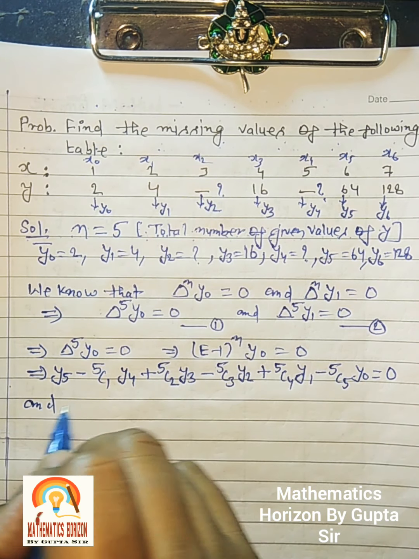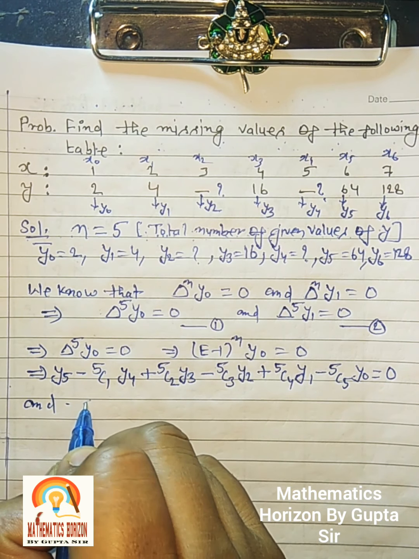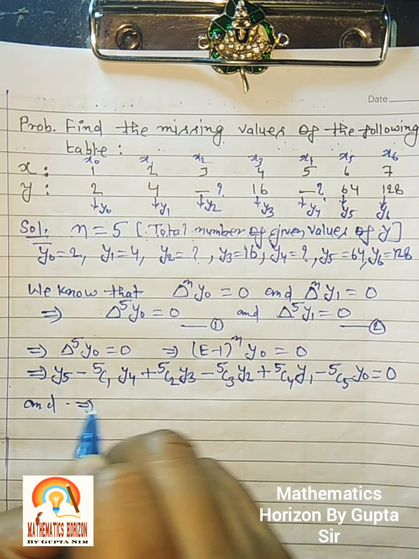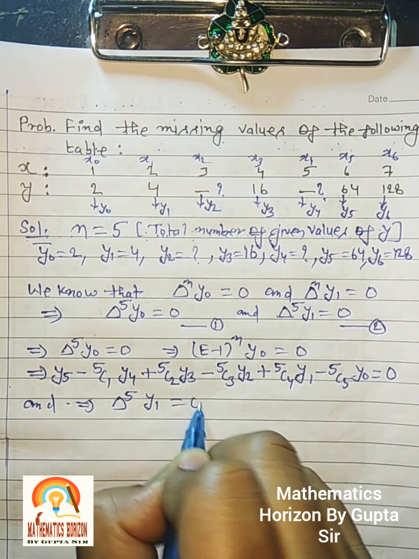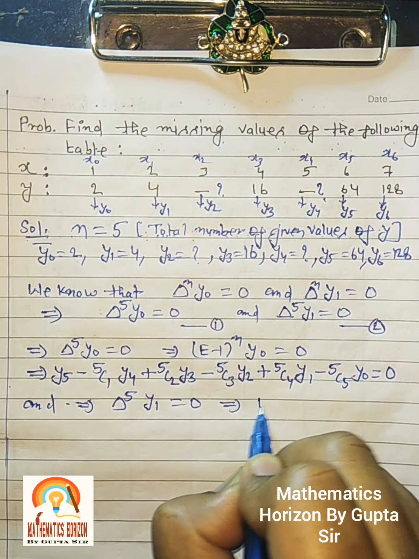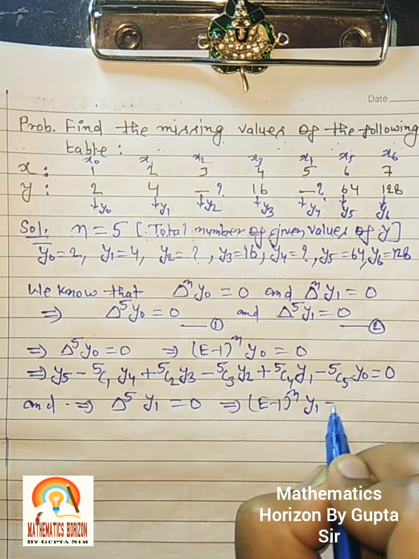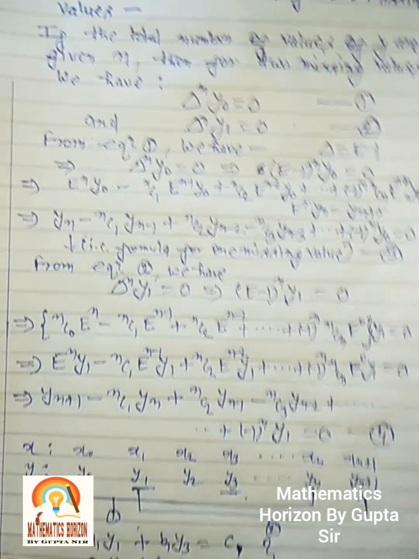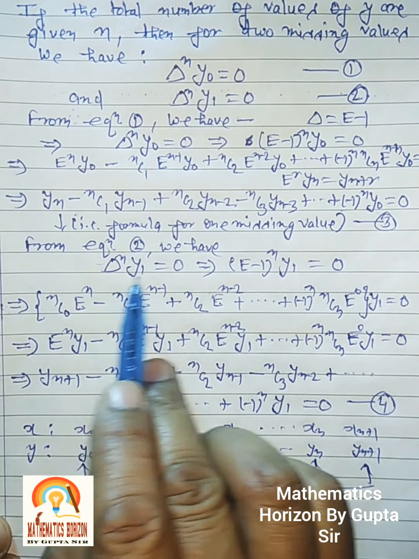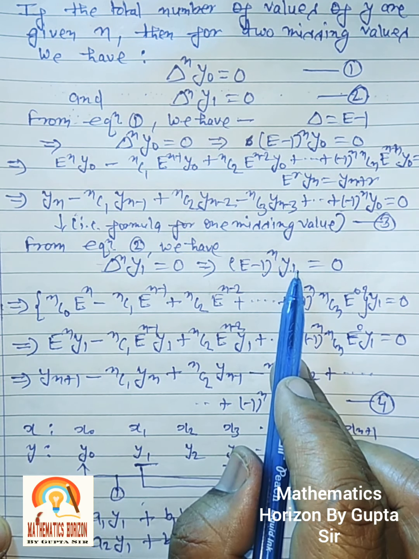The second formula, from equation 2, we have del 5 y1 equal to 0, that is, E minus 1 to the power n y1 equal to 0.